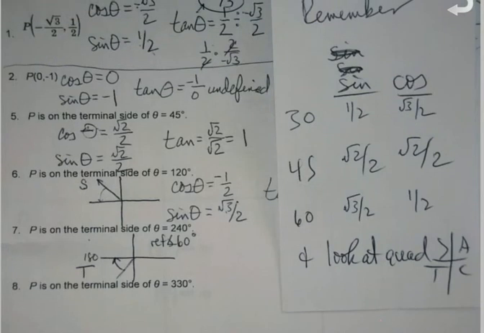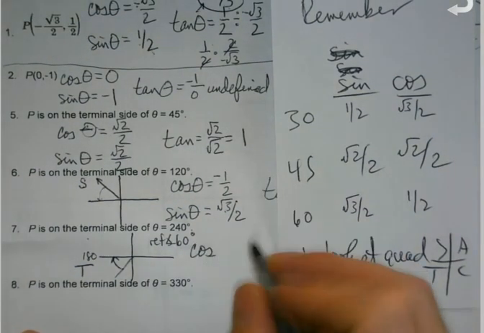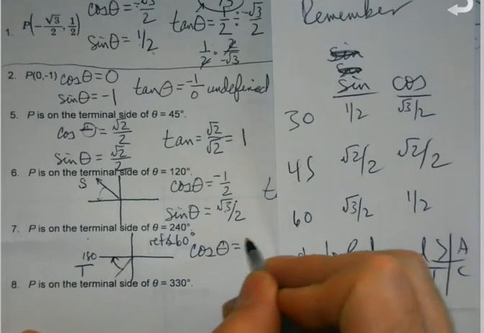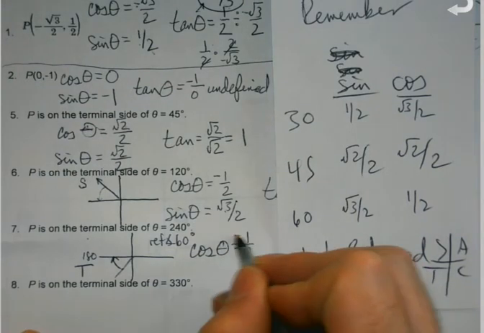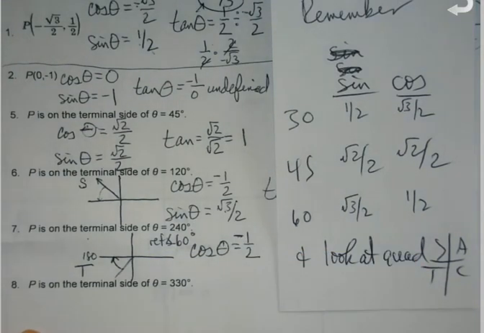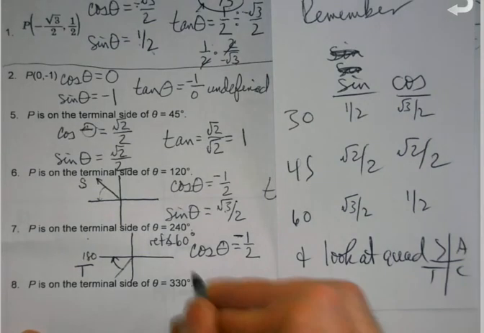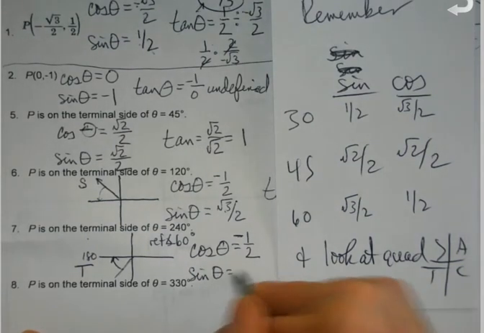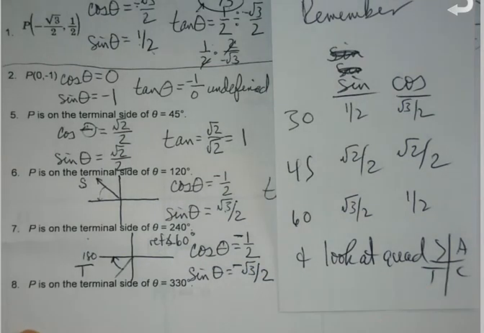So I remind myself again, say, okay, so the cosine of theta with my reference angle being 60 is going to be 1/2, but again, it's going to be negative. My sine of theta, where the reference angle is 60, is going to be square root of 3 over 2, but it's also negative.